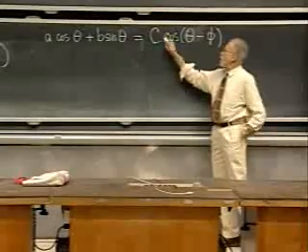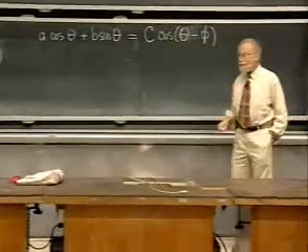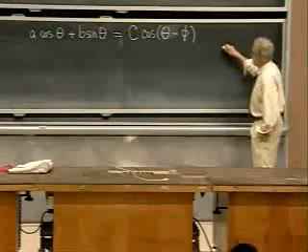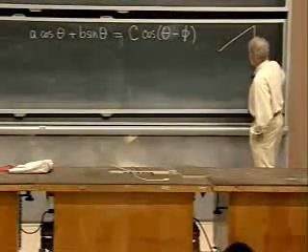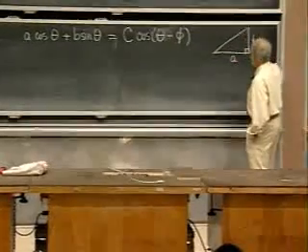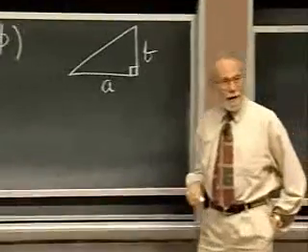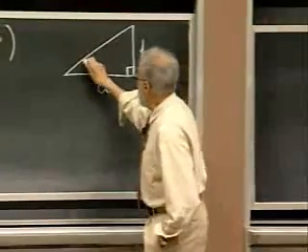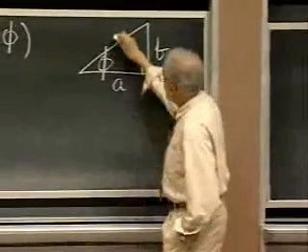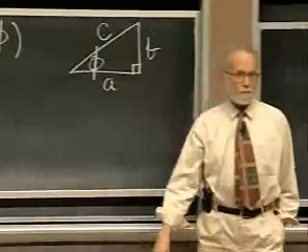What they don't remember is what the C and the phi are, how to calculate them. I don't suggest you memorize the formulas for them, but you can if you wish. Instead, memorize the picture, which is much easier. Memorize that A and B are the two sides of a right triangle. Phi is the angle opposite the B side, and C is the length of the hypotenuse.